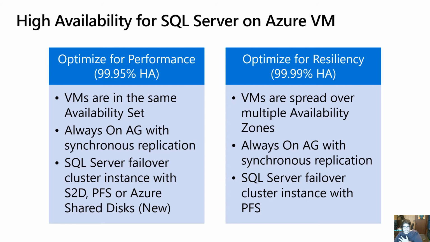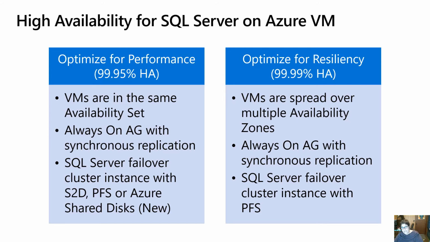With an availability set, let's say it's an availability group, the 2 VMs that are participating in your availability group would go into the same availability set. That guarantees that they will be basically in the same data center, but they will not be down at the same time. So if one of them has to go down for patching, they won't both be down at the same time. You put them in an availability set, and then we have different upgrade domains and fault domains. This is a way for you to guarantee that at least one of those 2 VMs is up at any given time.